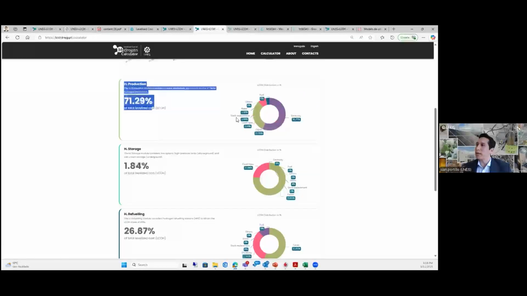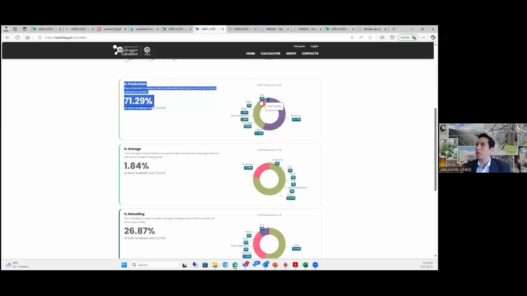We have the disaggregation of the stack replacement, of the water, how much is the percentage of water over the whole levelized cost of hydrogen. We have the CAPEX, the OPEX, the electricity, the fixed OPEX, and so on.